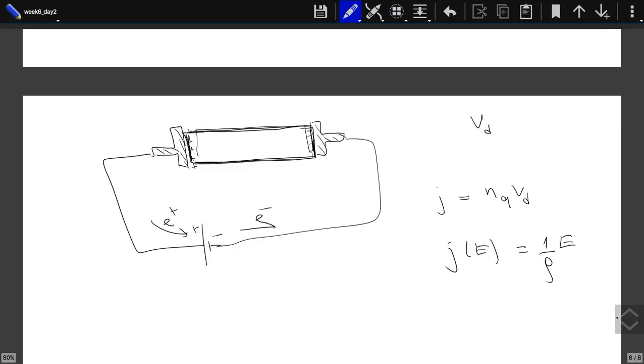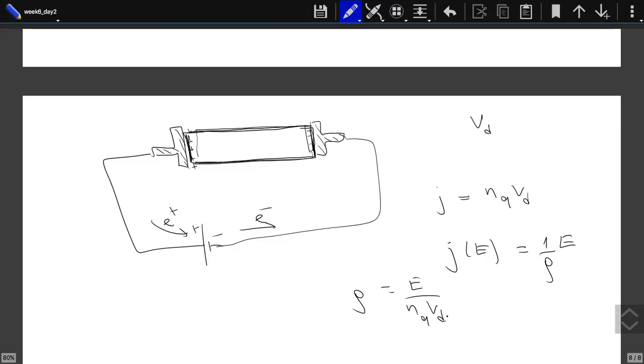Now, if you just combine these equations, what we have is rho is equal to E over NQ times VT. Now, an object with zero resistivity or zero resistance, you can think of as an object with an infinite drift velocity.